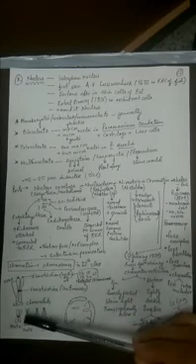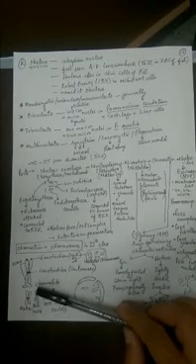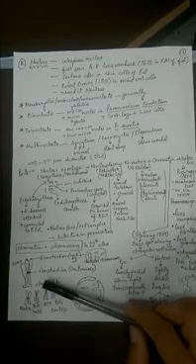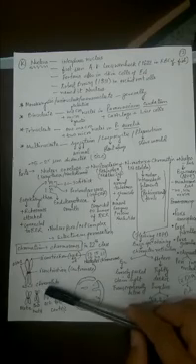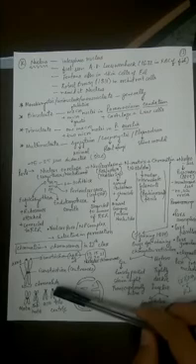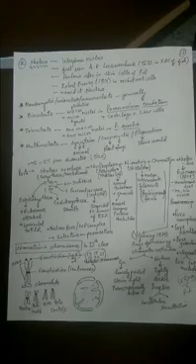If the primary constriction shifts slightly closer to one end, one arm is smaller, the other arm is longer, you will call it submetacentric. If it is further moving towards the corner, now one arm is extremely small, the other one is longer, it is called acrocentric. And when the primary constriction is at the end, so only one arm is there, it is called telocentric type of chromosome.